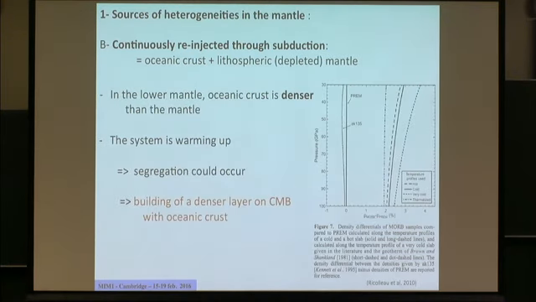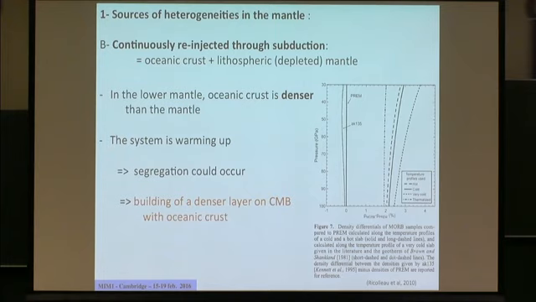Now, if we enter into the lower mantle, mineral physics experiments show that MORB throughout the whole lower mantle is denser than the bulk mantle at the same pressure.